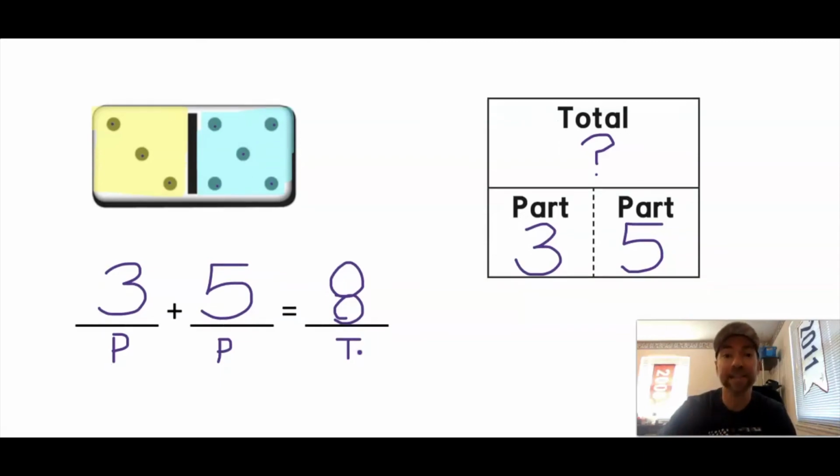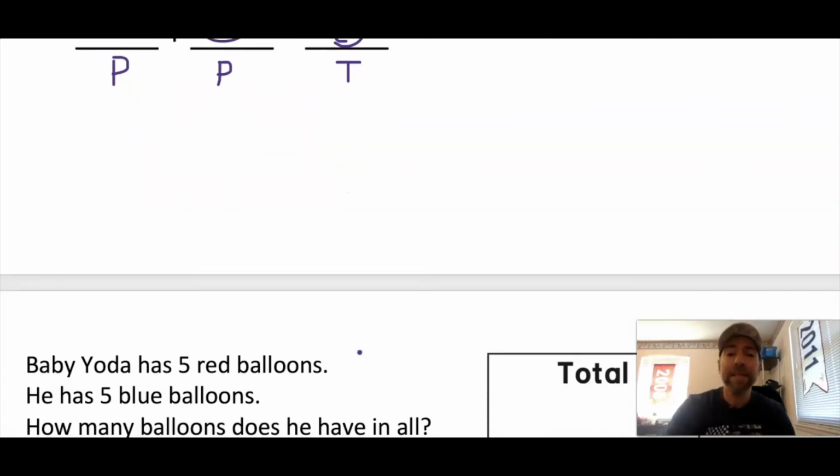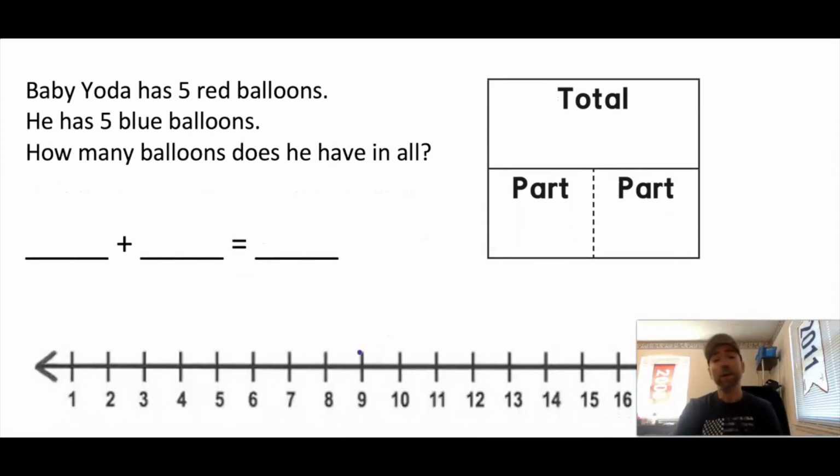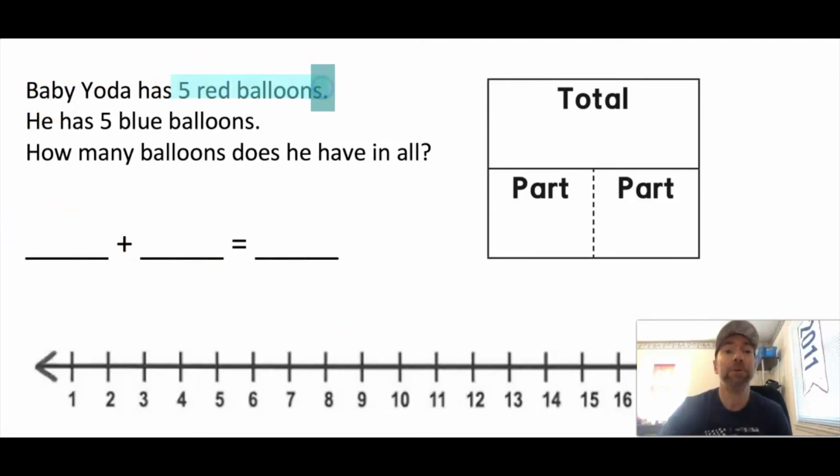You can go ahead and clear your sheet protector once you have all of that completed, because here is our next problem. This time we're going to look at a number story. And our number story is going to be about Baby Yoda, who is joining us today. Baby Yoda has 5 red balloons. Where do you think we're going to put the number 5? That's one of our parts. So let's go ahead and write the 5 in our first part.